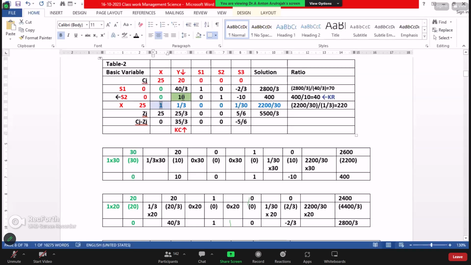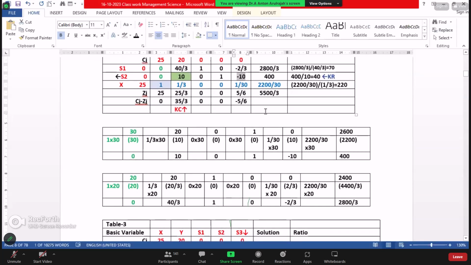In the straight column, yes, S3. Okay, S3. Now I'm shading. Where is the mistake? Minus 10. Not a minus 10, no? Yes, that's got minus 1. Minus 10. Okay, where is it? Minus 1.